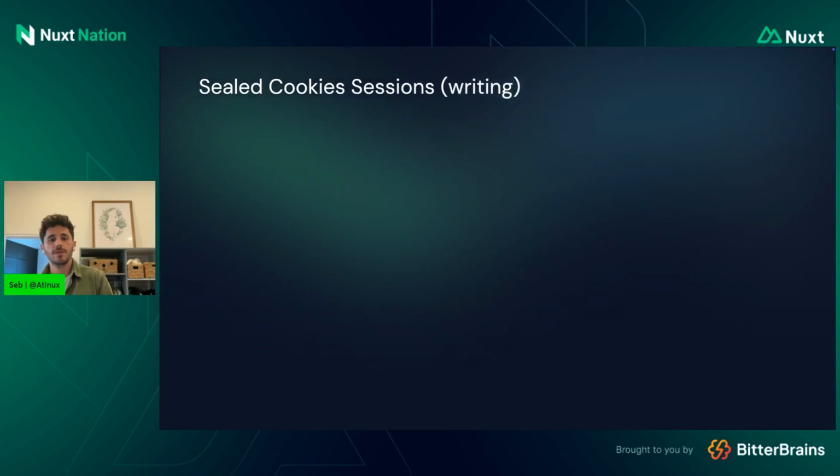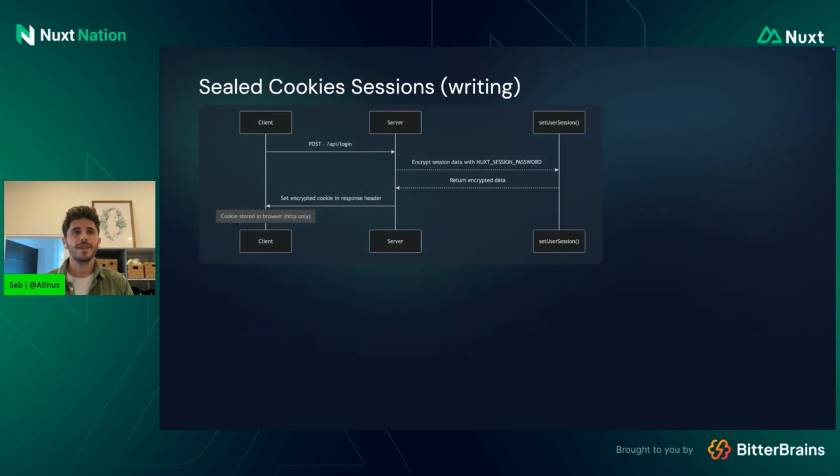So now let's have a look at how the sealed cookie works. When we call our /api/login endpoint, setUserSession will encrypt the object we give it using iron-crypto, using our NUXT_SESSION_PASSWORD environment variable. It will also add the Set-Cookie header to our request.